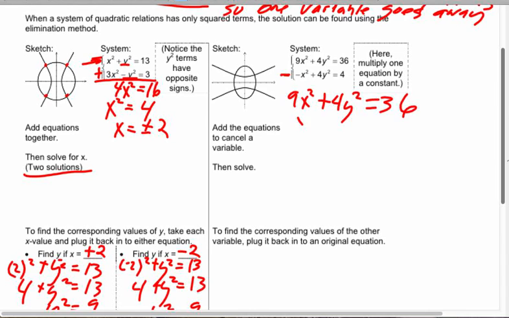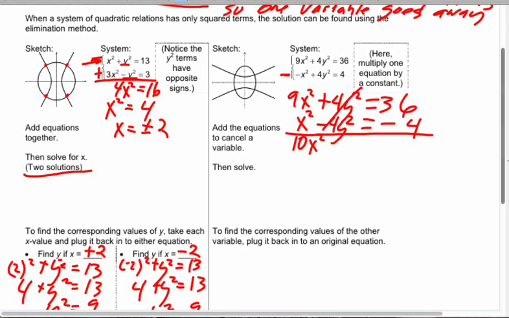I'm going to change my equations. Now I've got an x squared minus 4y squared equals negative 4. And then when I add these up, I'm going to end up with 10x squared.